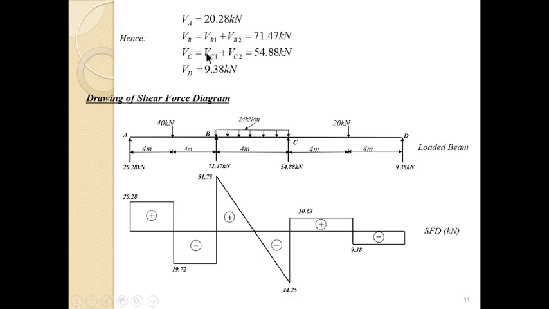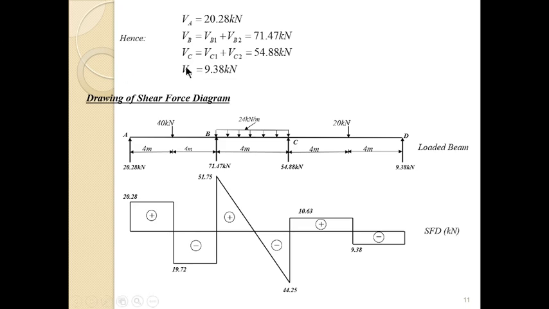You add the two VCs to have the VC, and then you draw the shear force diagram. You will see how the shear force and bending moment diagrams were drawn for this particular example. And so that is it for the solution of this.